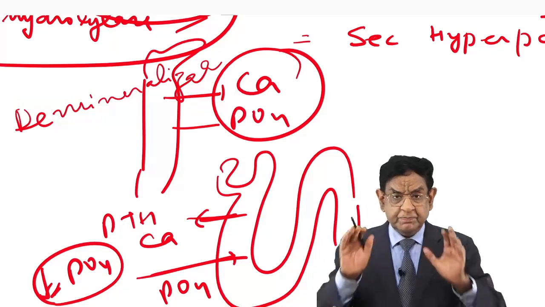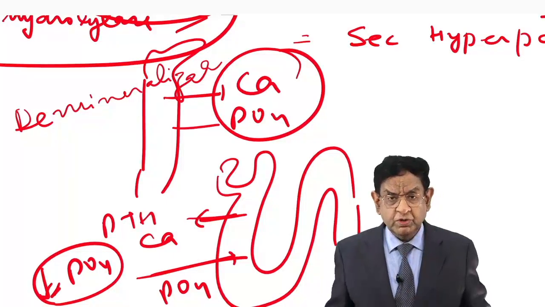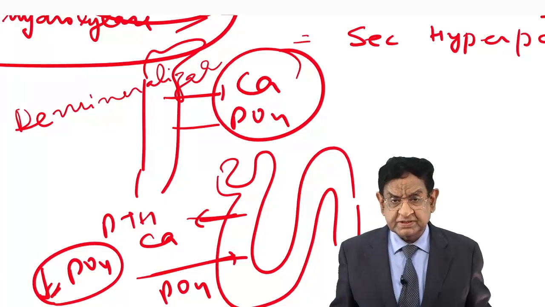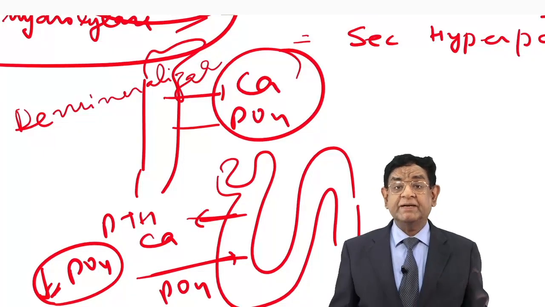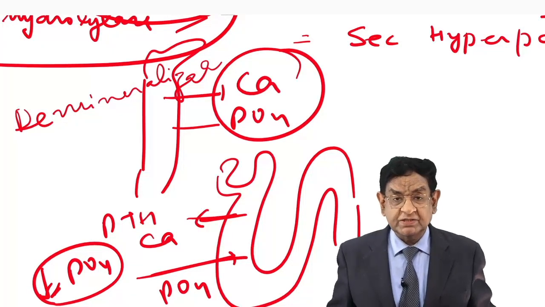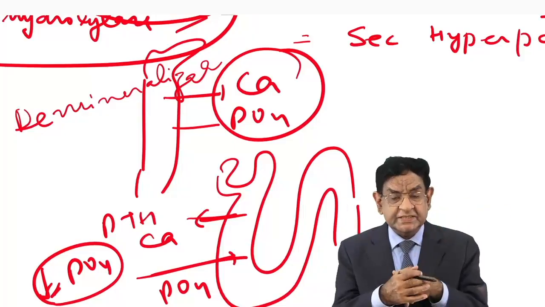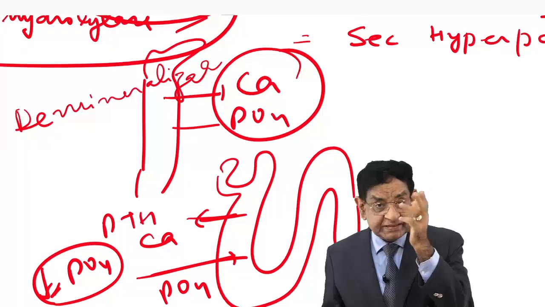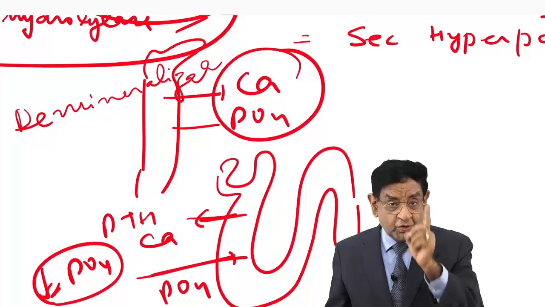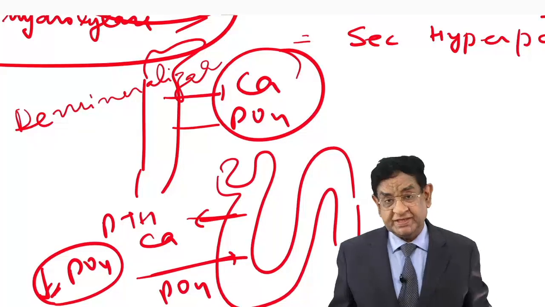Remember, especially in primary, this would happen in primary. In case of primary, excess calcium and low phosphate level happen. But in the secondary variety, low calcium and high phosphate occur.